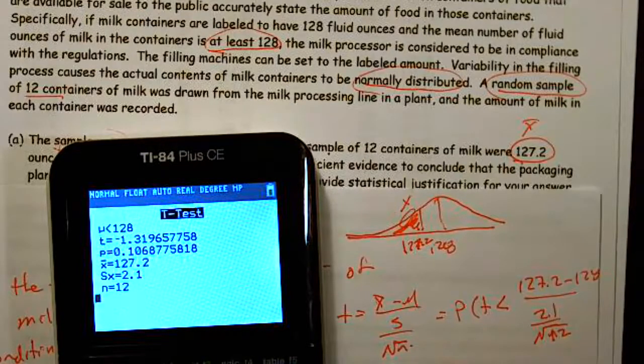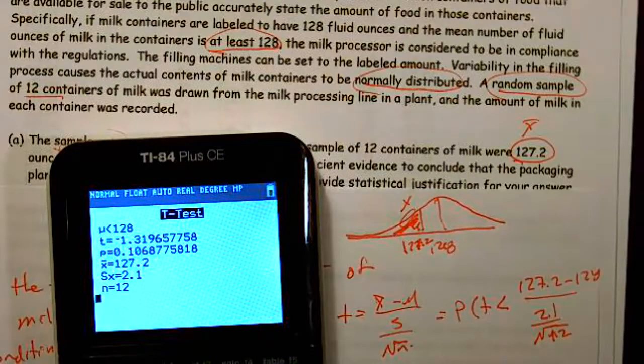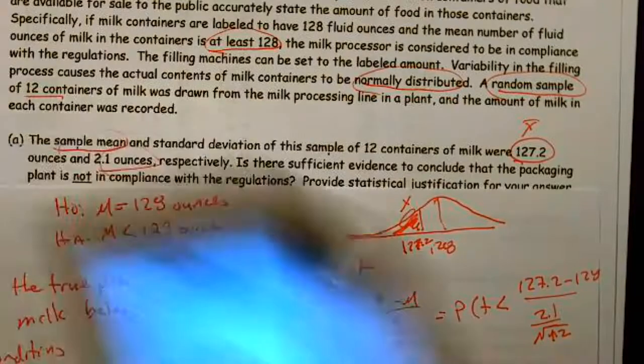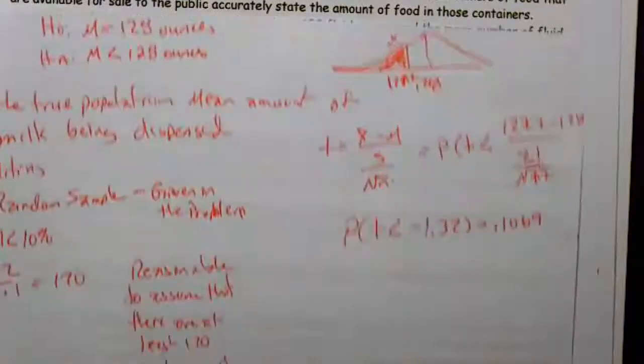So the probability that t is less than negative 1.32 equals 0.106. All right, that's a larger p-value than I would have expected for that, but that is what's correct.